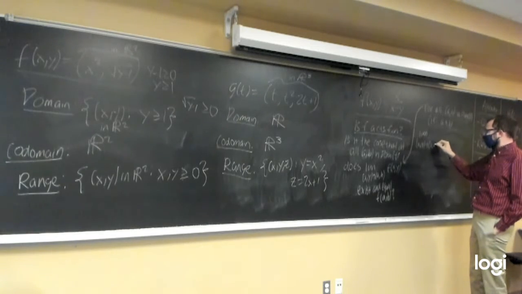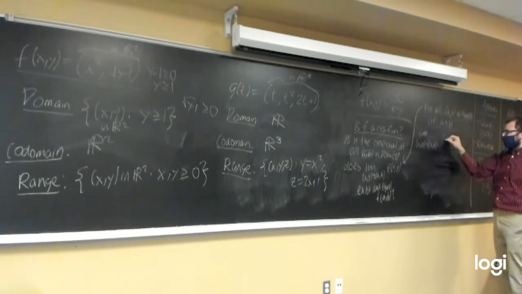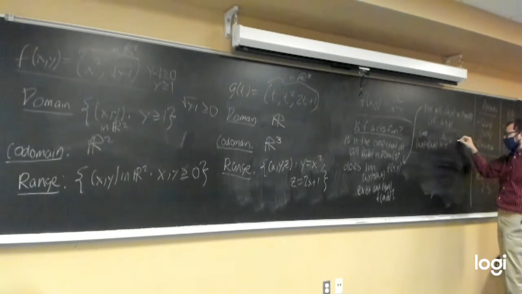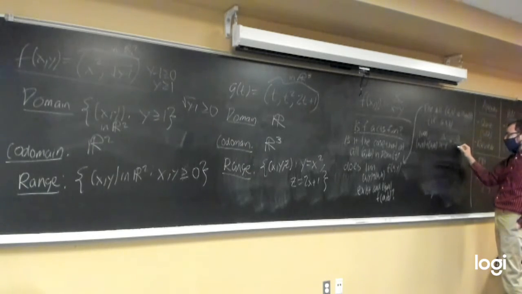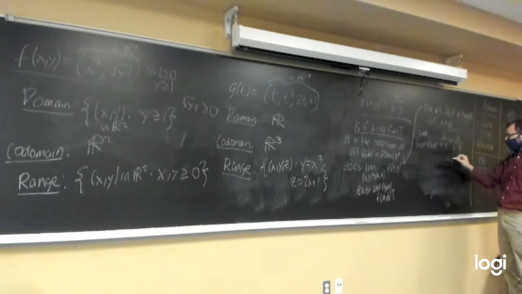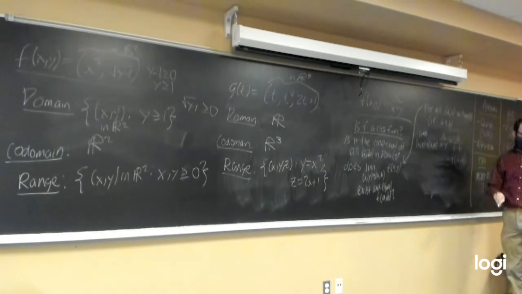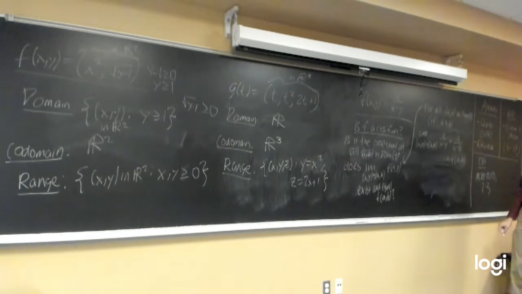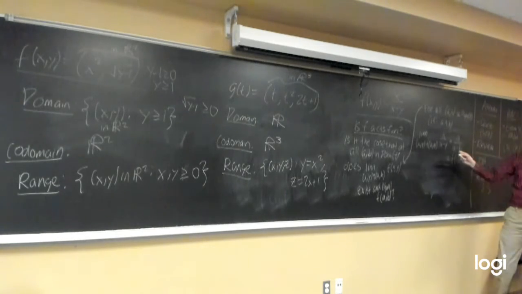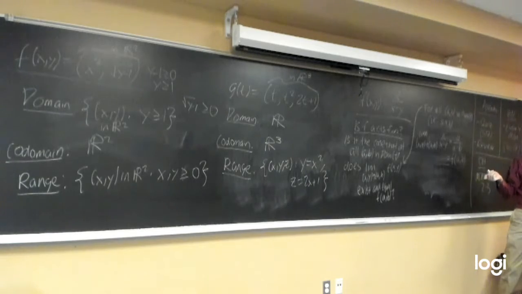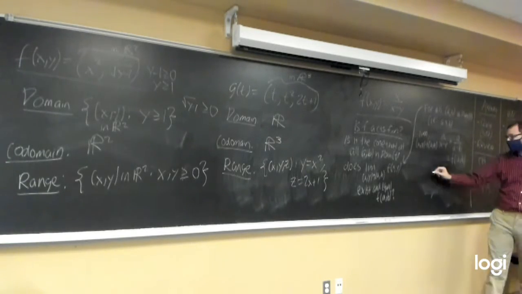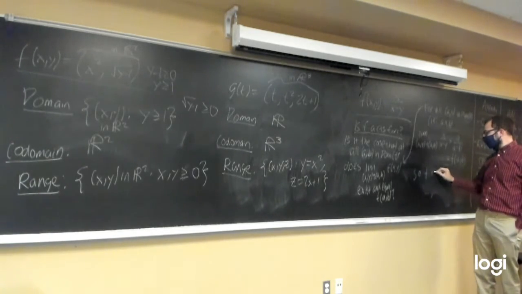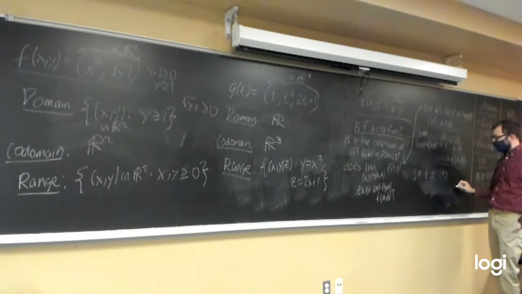Limit as x, y approaches a, b of x over x minus y. We can just plug in a and b, and we'll get a over a minus b, which is just f of a, b. Yeah, at any point where this function is defined, we can take the limit by just doing a direct substitution. So f is going to be continuous.